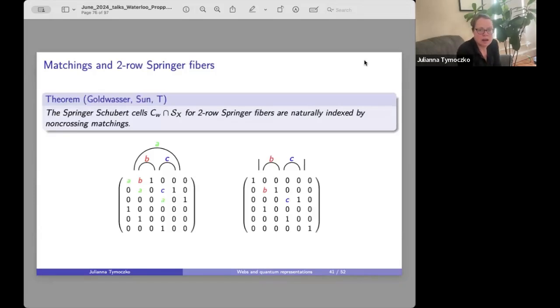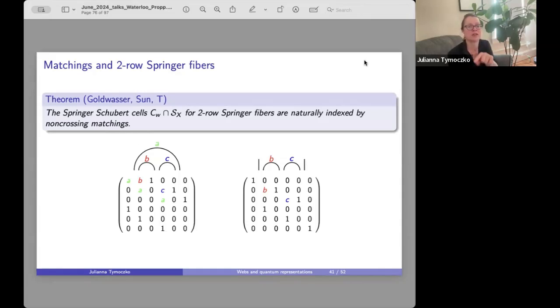So the theorem here is that the two-row Springer fibers are naturally indexed by these multicolored non-crossing matchings. And when we say naturally indexed in this context, here I'm giving you both colors of arcs and a variable, because if I want to actually give local coordinate systems for my underlying algebraic variety, it's related to exactly how these different multicolored arcs are nested one over another.